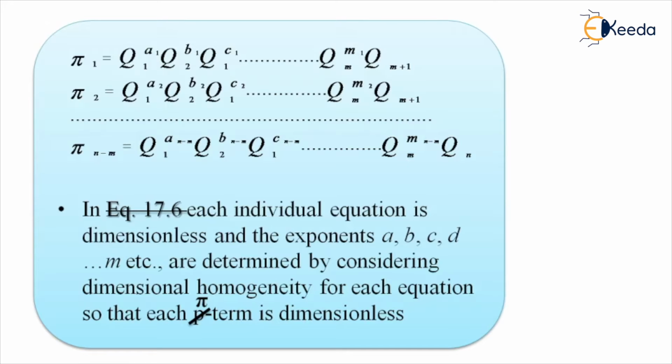Similarly, we have the equation of pi 2, and by solving this, we have pi n minus m is equal to q1 raised to a n minus m, q2 raised to b n minus m, q3 raised to c n minus m, and similarly qm raised to m n minus m into qn. In the above equations, each individual pi term is dimensionless, and the exponents a, b, c, d, m, etc. are determined by considering the dimensional homogeneity for each equation so that the pi term is dimensionless.